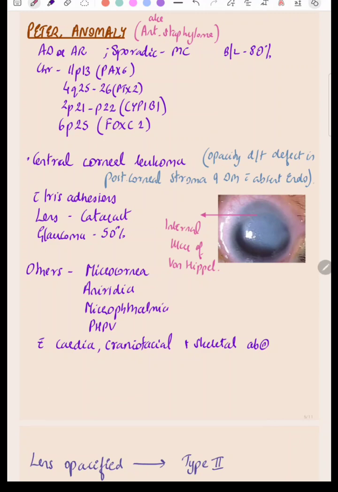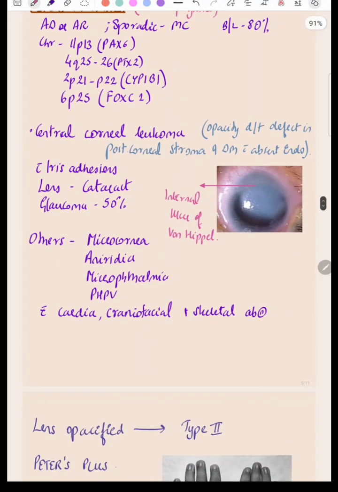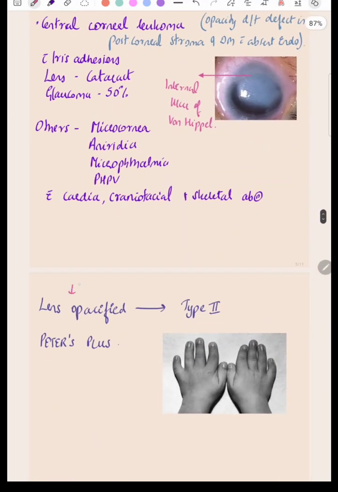If the central cornea is opacified, then it is type 1. If there is lens opacification along with the central corneal opacity, then it is known as Peters type 2, which tends to be bilateral in 60% of cases. Peters plus syndrome is when there are associated systemic abnormalities, most commonly short disproportionate stature.